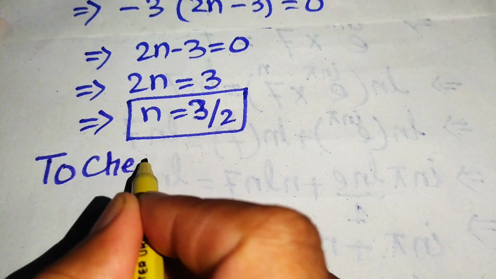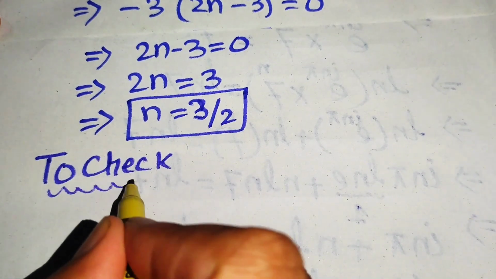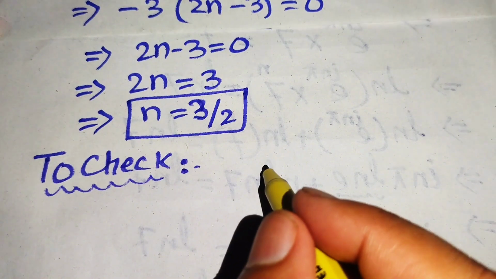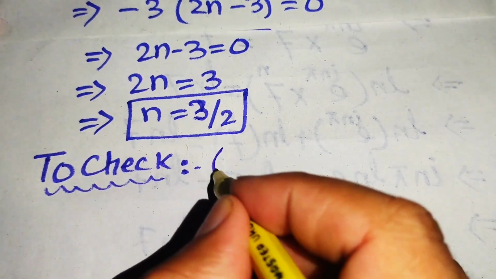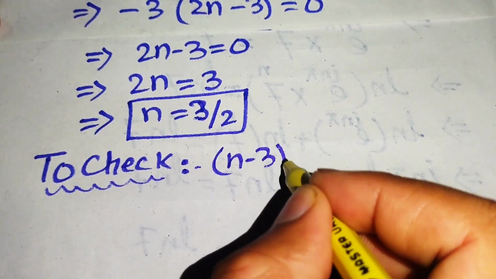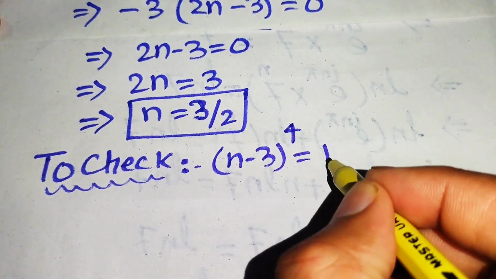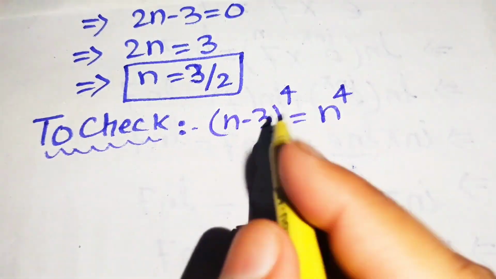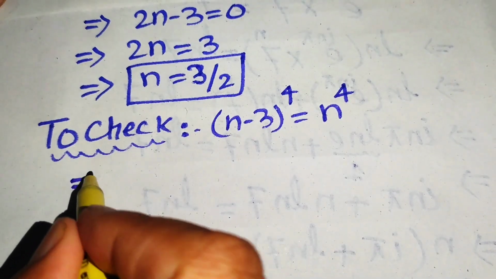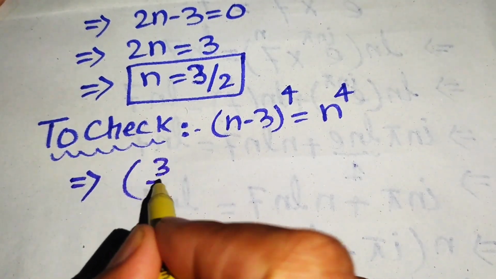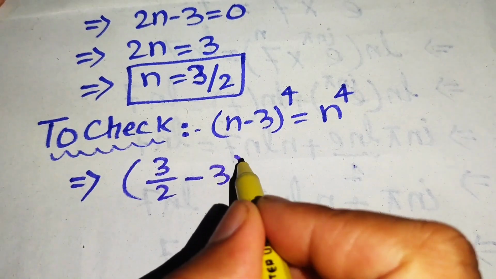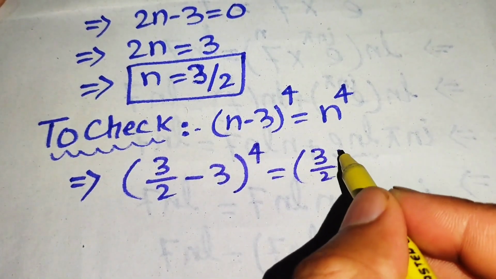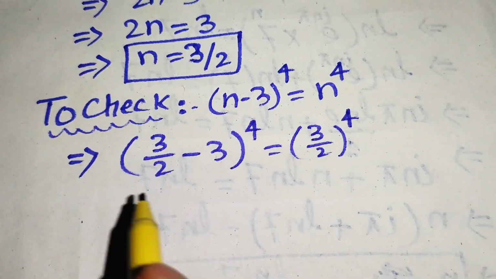Does this value of n satisfy our given question statement or not? We copy down the given statement, (n − 3)^4 = n^4, and now replace n with 3/2. It is written as (3/2 − 3)^4 = (3/2)^4.